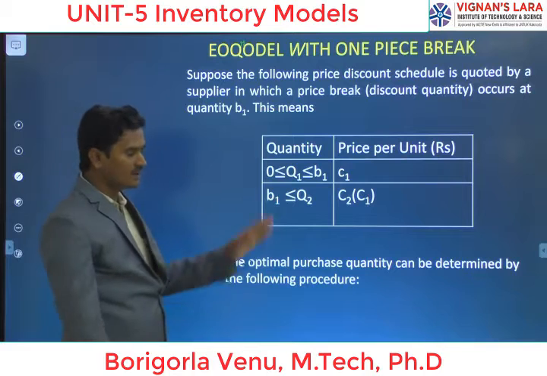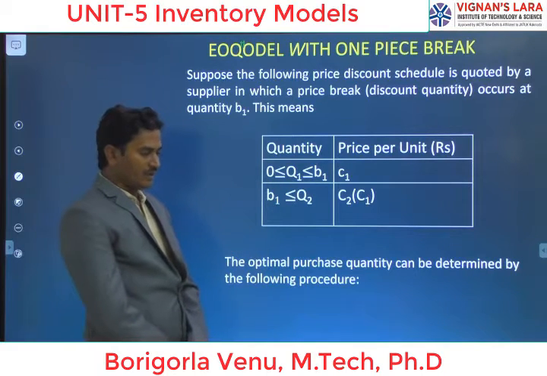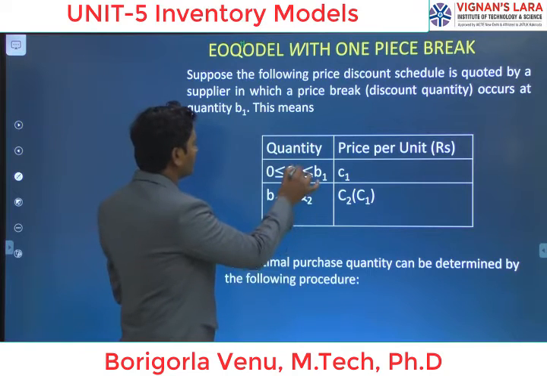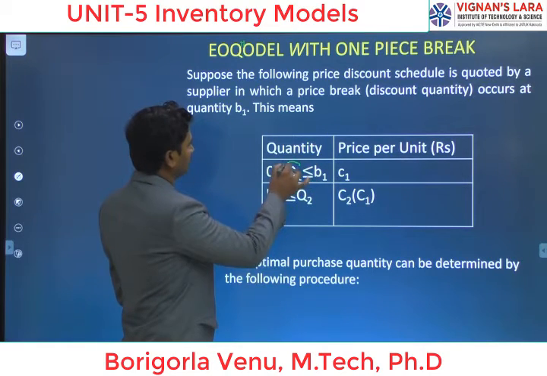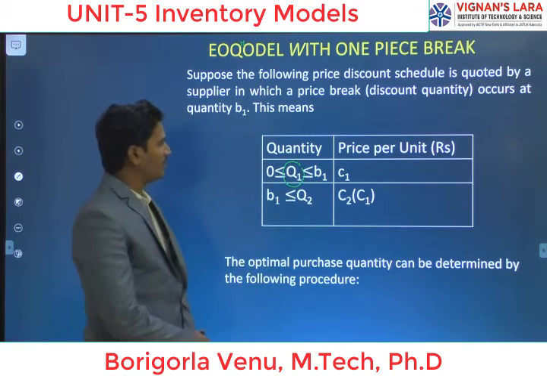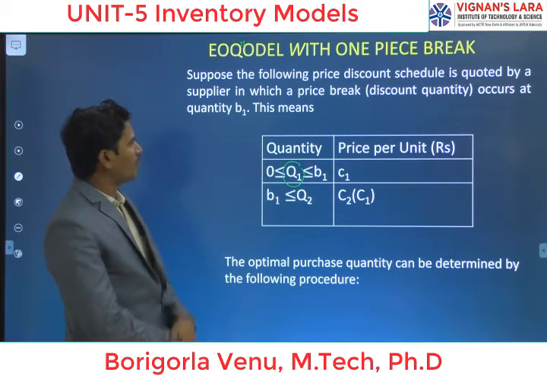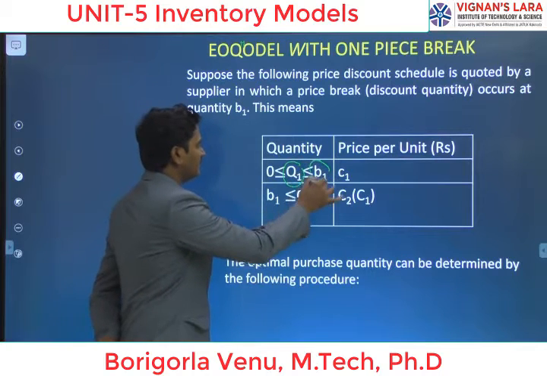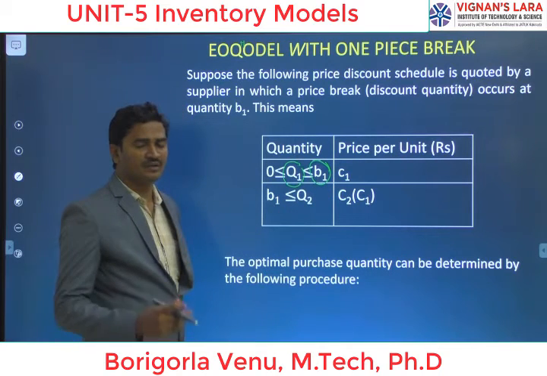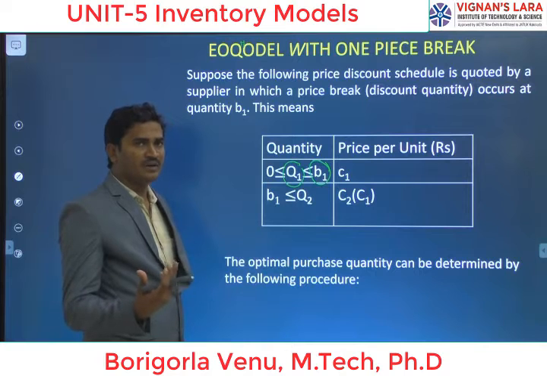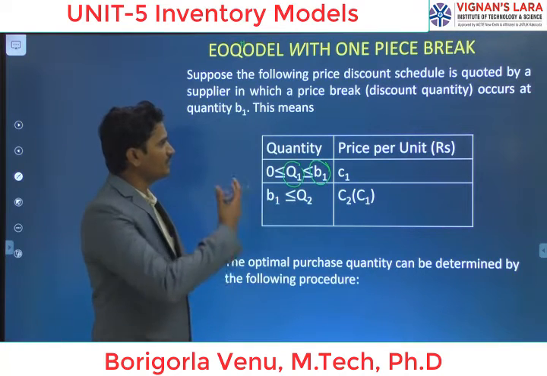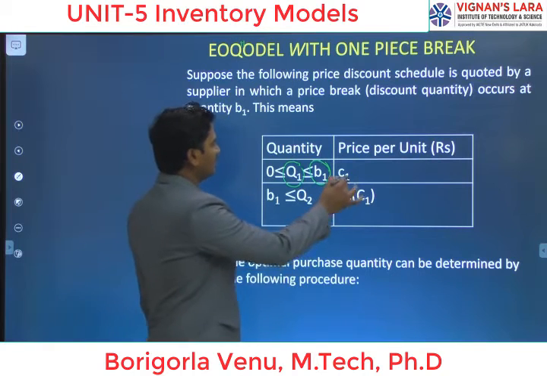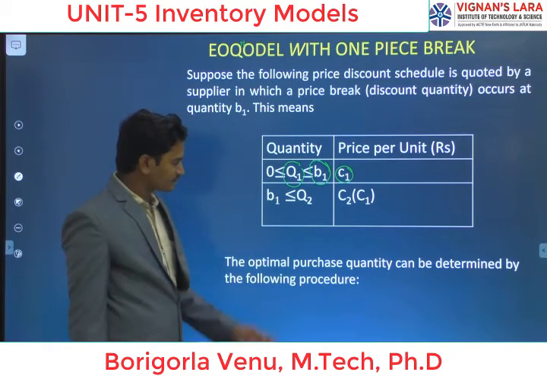This means, for example, we are going to supply a product, the product name is Q1, and we are going to give the quantity B1. The customer will take these products at a discount quantity. Here the price of the unit is C1.